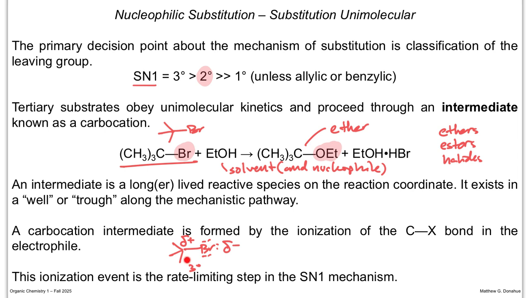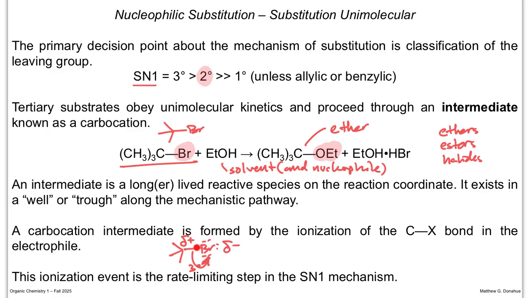of our tertiary substrate, we know that the difference between carbon and bromine, based on electronegativity, we can assign bromine as delta minus, and then carbon's delta plus. Under the SN1 conditions, that carbon halogen bond will ionize. And so that means it's going to form 2 ions, because bromine is already hoarding some of that single bond electron density.